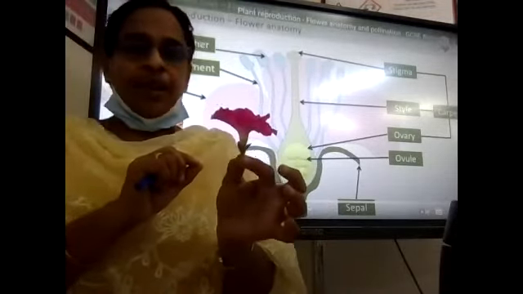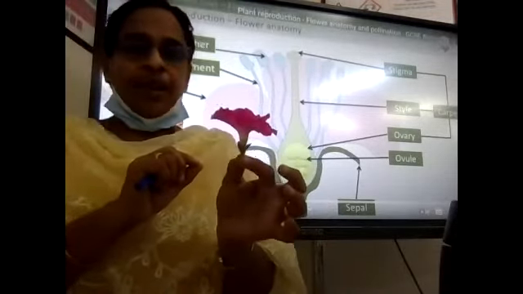Then next comes a brightly colored part that is known as the petal. This is to attract the insect. Actually, insects are very helpful in the sexual reproduction of plants, so this is to attract the insects.